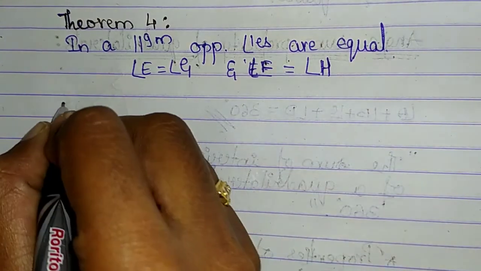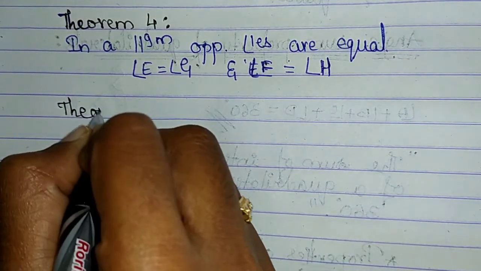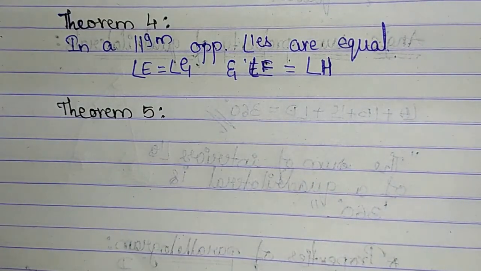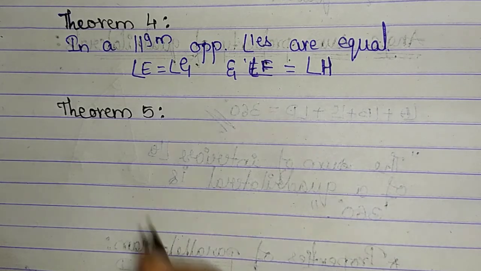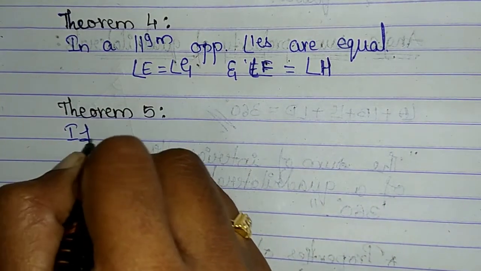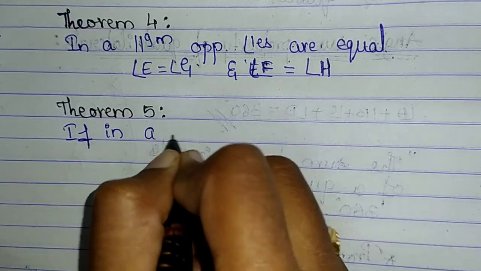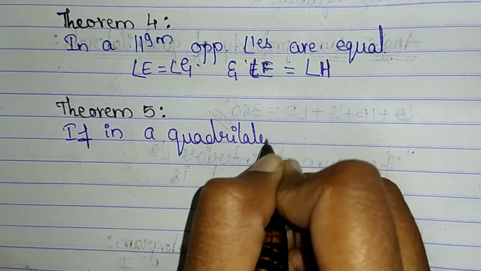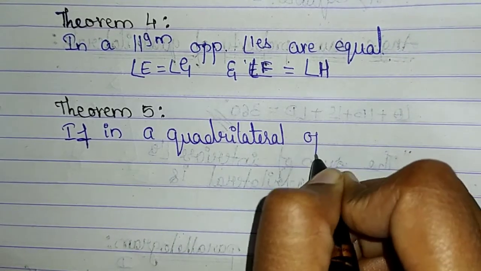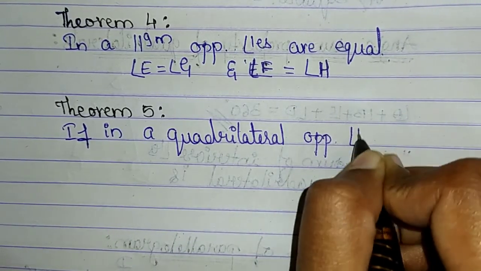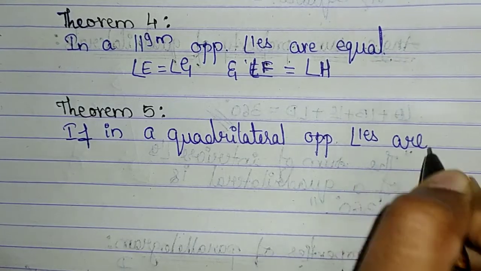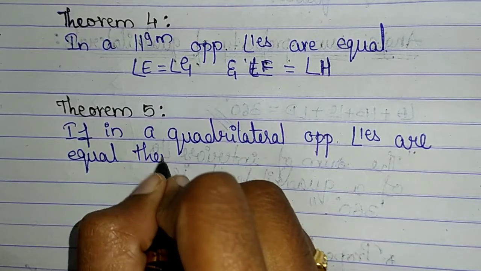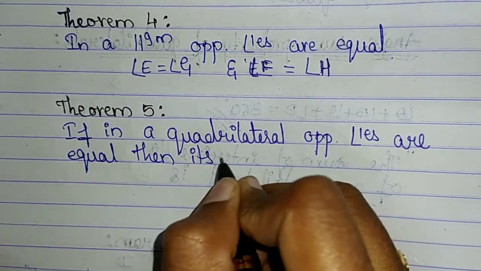And just like how theorem 3 was a converse, theorem 5 is also a converse. Theorem 5 says, if in a quadrilateral opposite angles are equal, then it is a parallelogram.